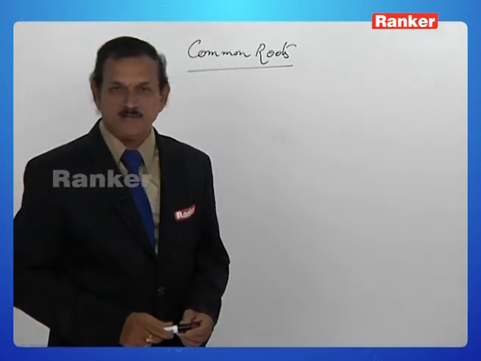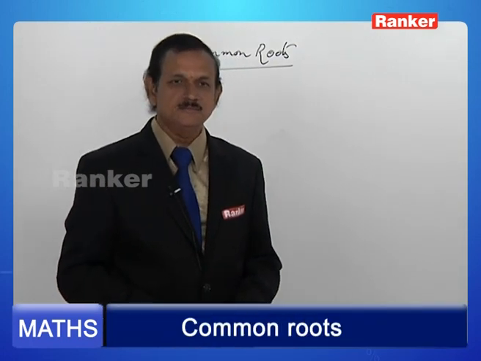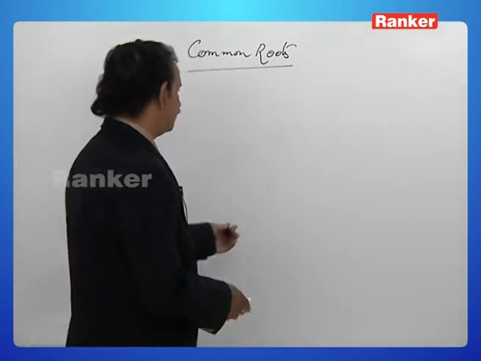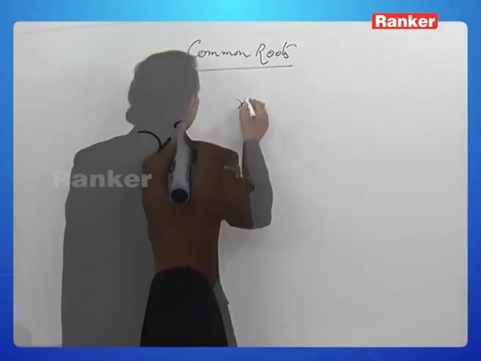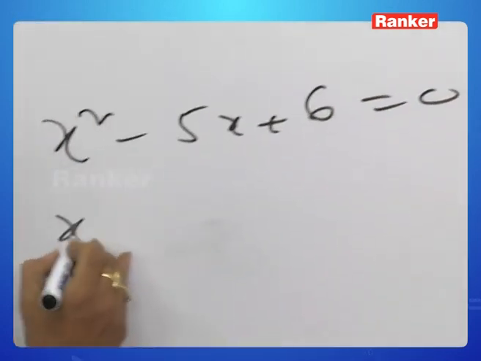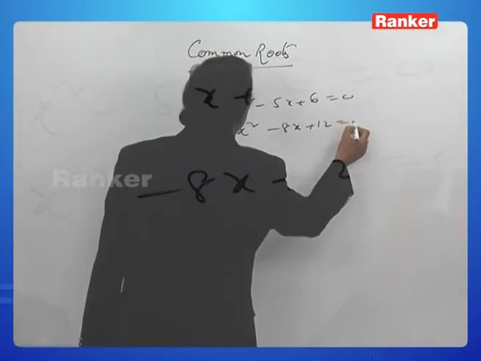Now we deal with one of the most important concepts, namely common roots of a quadratic equation. Let us first observe the two equations, x square minus 5x plus 6 equal to 0 and x square minus 8x plus 12 is equal to 0.